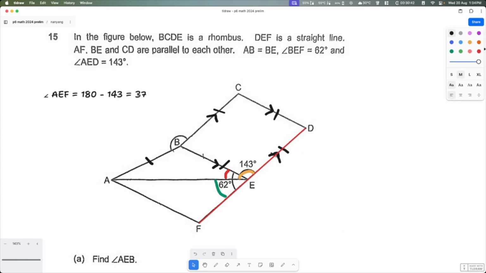So now we know the green angle is 37 degrees. Let me put it over here and make it green.